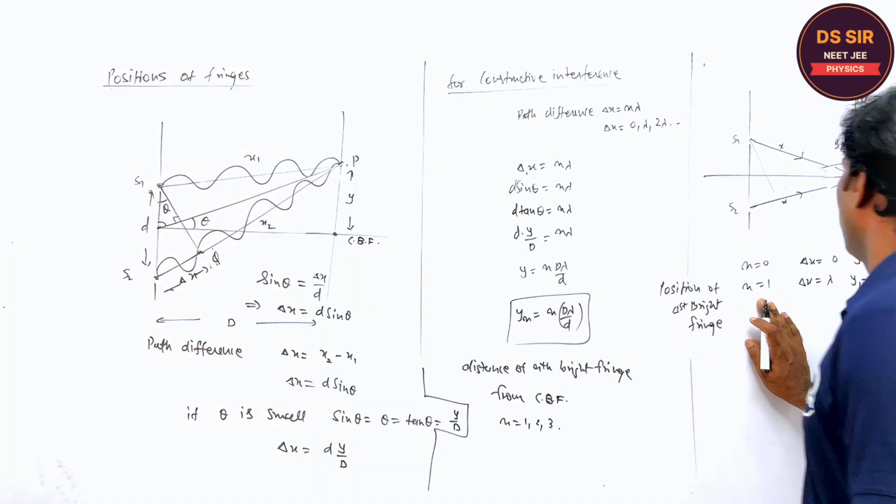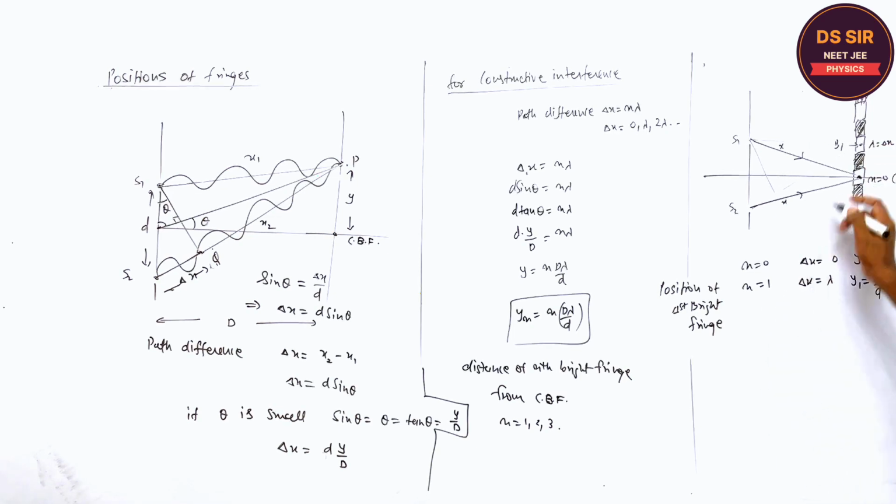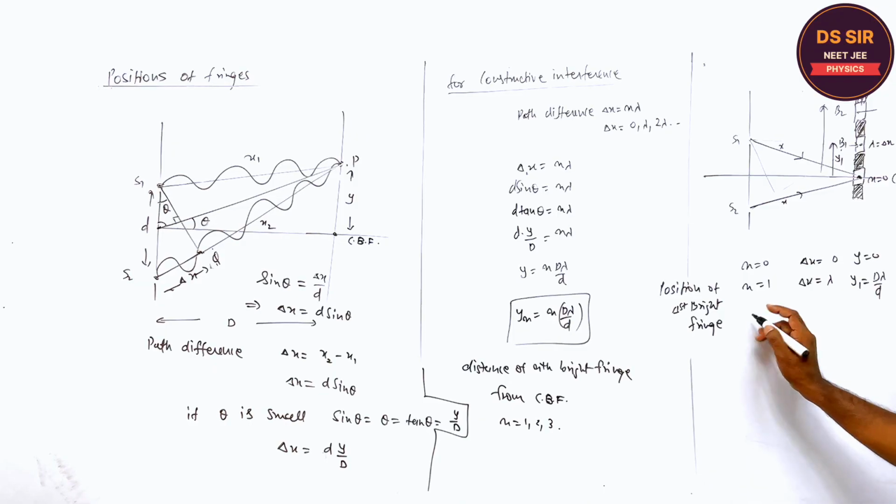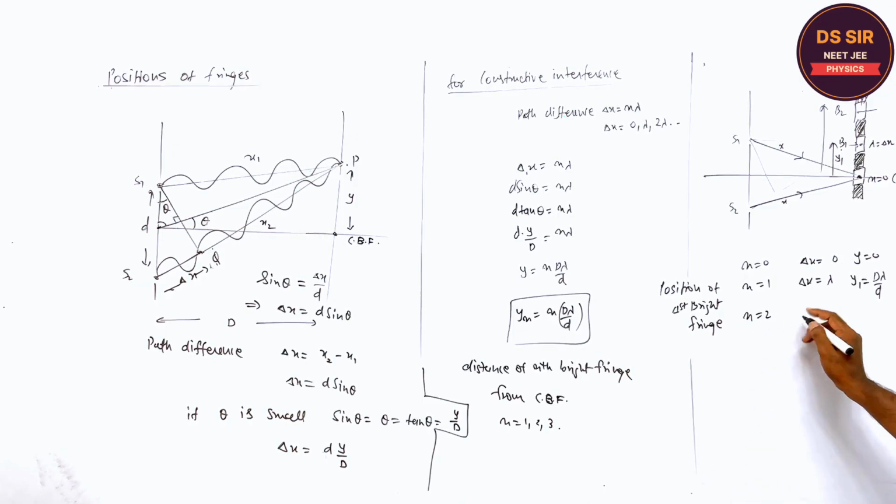Copy this one. This is the B1. Now this is the B2, second bright fringe. So listen one thing. Y1, what does it mean? If this is the B1, so this is the distance, this is the Y1. What is the distance of the second bright fringe? To find the second bright fringe, put n is equal to 2.